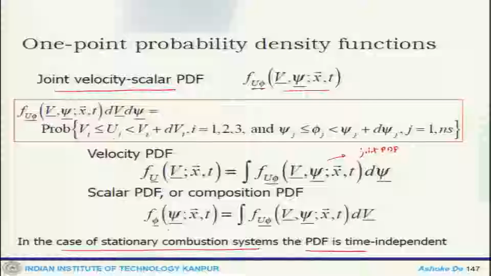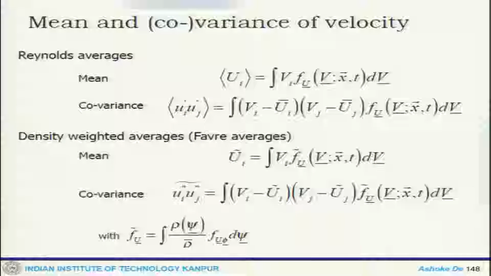Now, once we look at this joint PDF, we can see these different components after Reynolds averaging. There would be the mean, and there could be covariance and so on. The mean quantity is the one within the bracket like this. It is the integration of velocity times the velocity PDF over the velocity space.